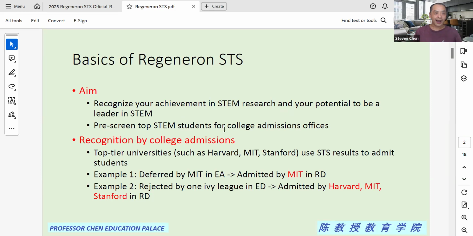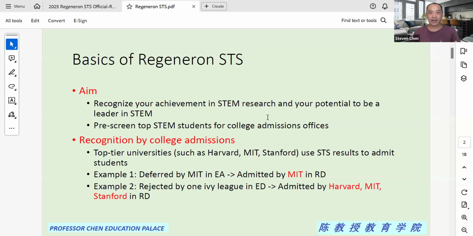So the first is the aim. What is Regeneron STS for? It is for the purpose of recognizing your achievement in STEM research and your potential to be a leader in STEM after you go to college. So you see, this is their objective, how they select the top candidates, like the top 300 finalists or top 40 finalists.